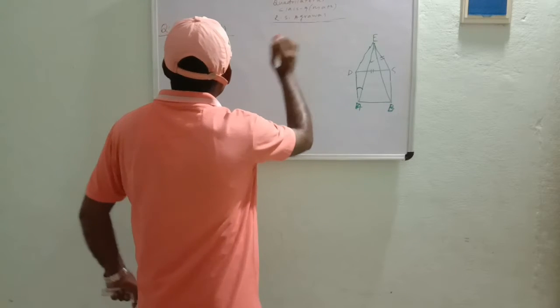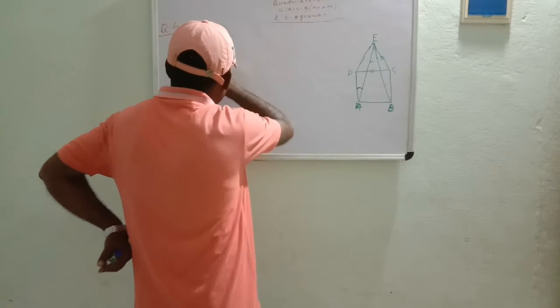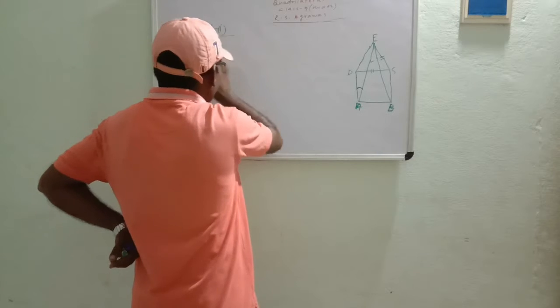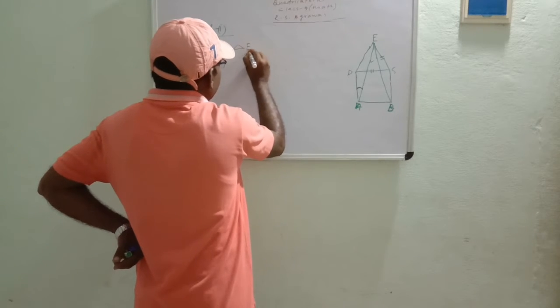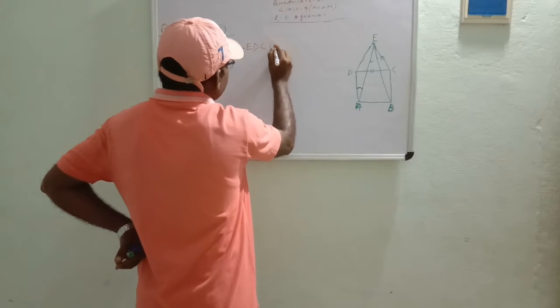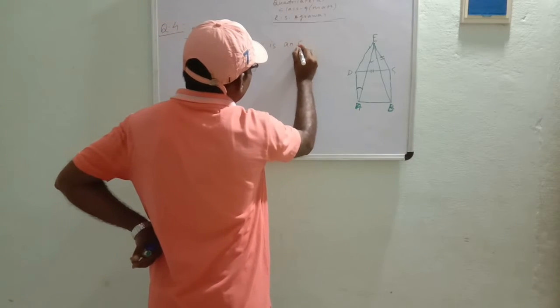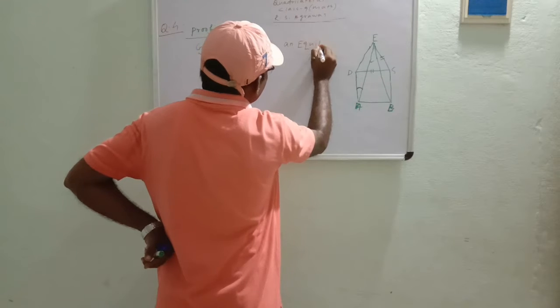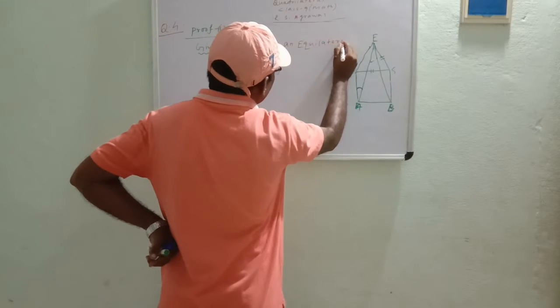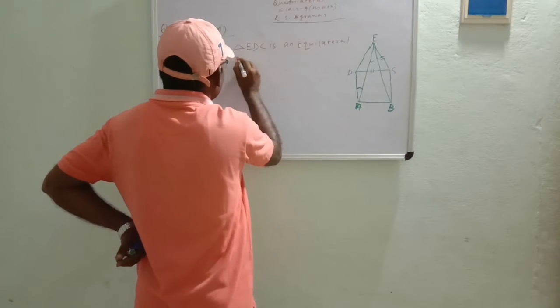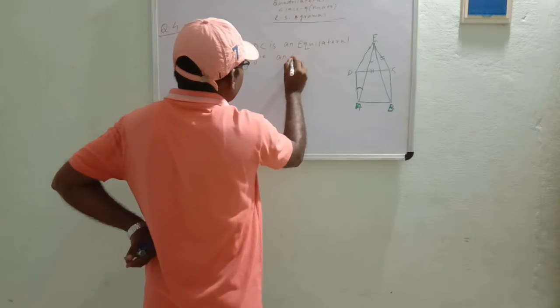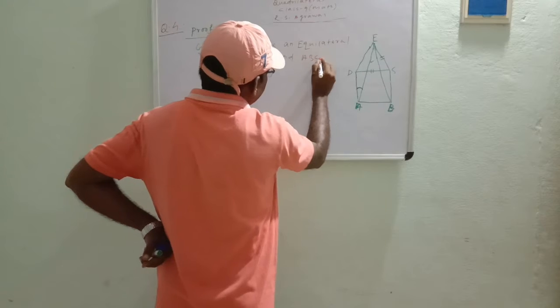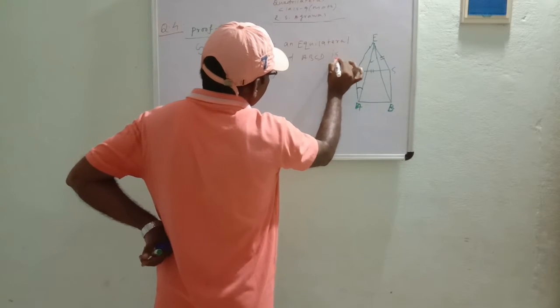So write this in the given section. Triangle EDC is an equilateral triangle, and ABCD is a square.